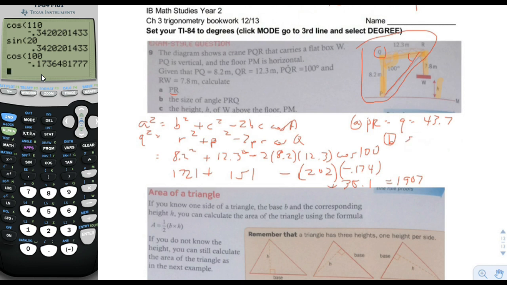It's the same thing. We could have sine of big R divided by small r is equal to the sine of big Q divided by small q. Okay, and small r is equal to 8.2, and small q we just found, it's 43.7.